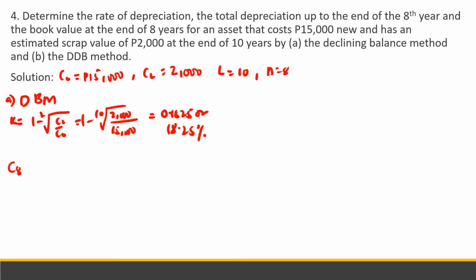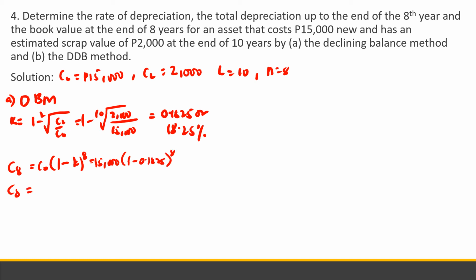So the C8 or the book value at the end of 8 years is C sub O times (1 minus K) to the power of 8. So this is 15,000 times (1 minus 0.1825) to the power of 8.